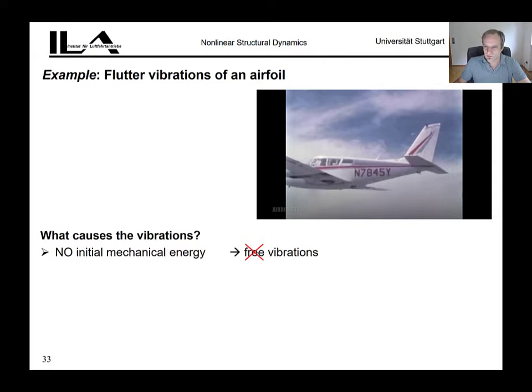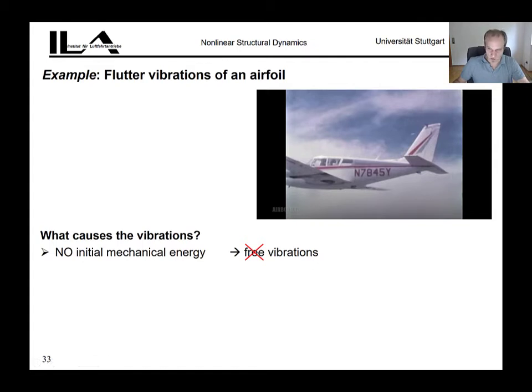Forced oscillations could be, but we would have to have an external forcing that has a certain explicit imposed time dependence. This could come, for instance, from turbulence. So if the aircraft flies through a pressure field that is inhomogeneous in space, then it would see a dynamic force due to this.